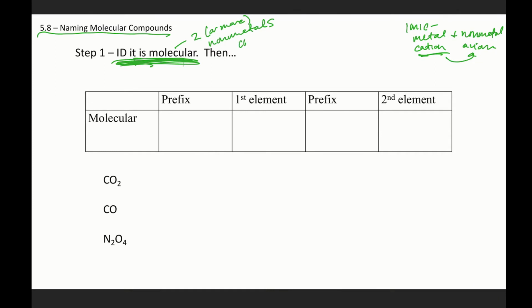Thinking back to middle school, these are held together by covalent bonds, wherein we have two or more nonmetals in close proximity to one another, and they share their valence electrons with each other. That's what forms the force of attraction that holds one atom adjacent to another such that they become a singular unit called a molecule, which is why the bonding is different than in an ionic compound. So for molecular compounds, what we're really looking for again is the presence of two or more nonmetals.